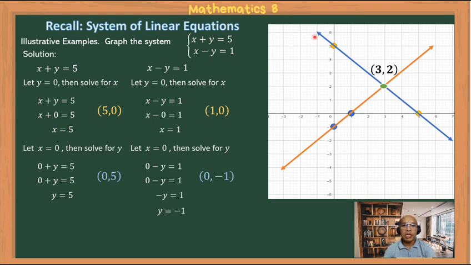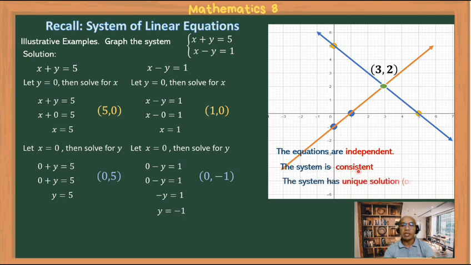If we check this point, it satisfies both equations. 3 plus 2 is 5, so indeed it satisfies the first equation. For the second equation, 3 minus 2 is equal to 1. In this system, the equations are independent. The system is consistent because it has a solution, and the system has a unique solution, the point of intersection.